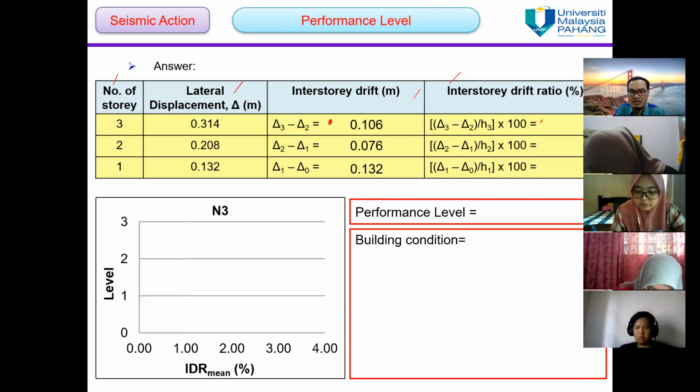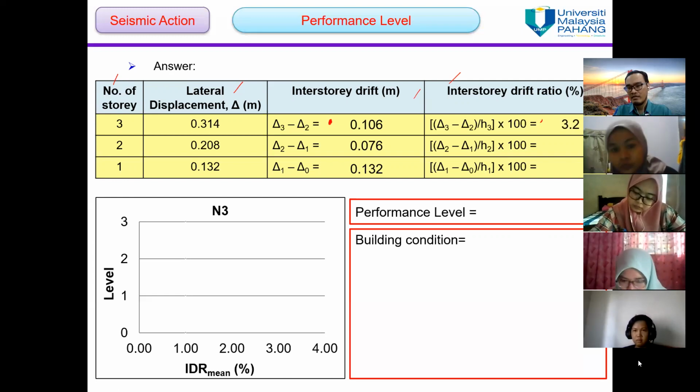For story number 3, what is the value? Anybody? 3.21. Okay, 3.2%.